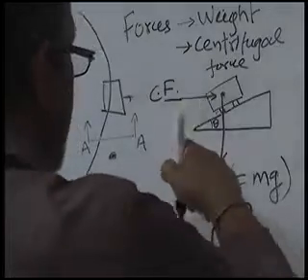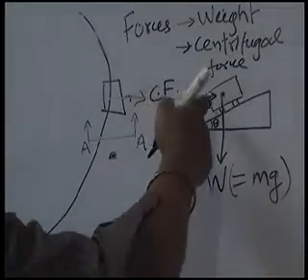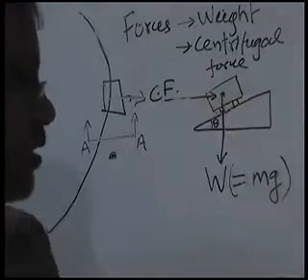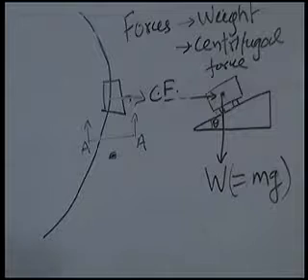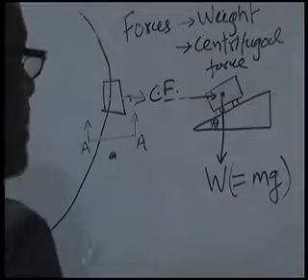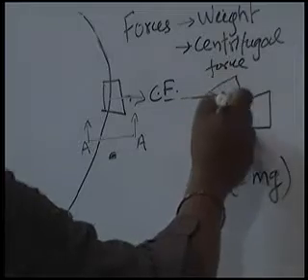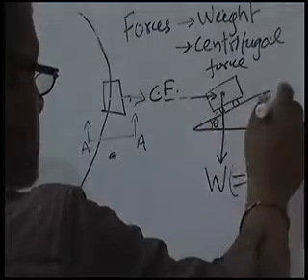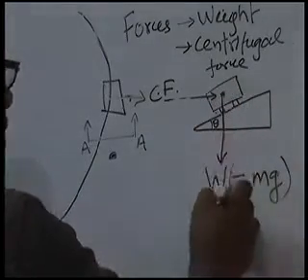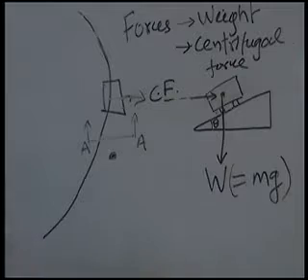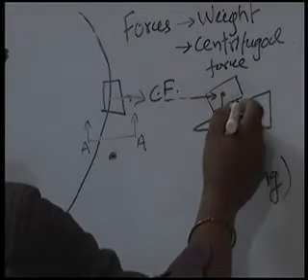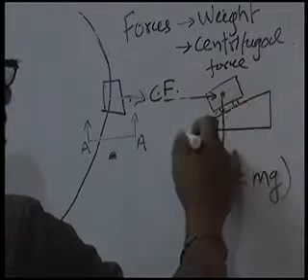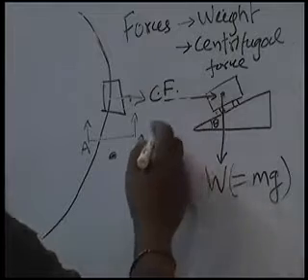To cancel out the skidding force, a component of this weight, if an angle of inclination is made, acts along the road in this direction, which cancels the component of this centrifugal force in this direction.